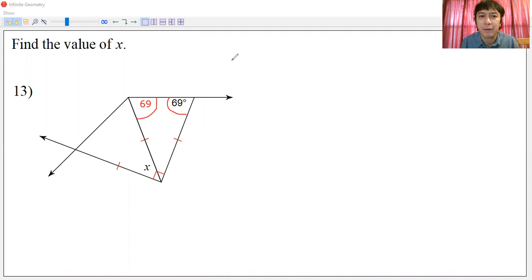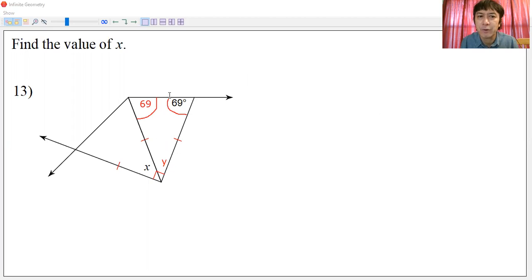Okay, all right. We shall call the third angle over here, let's put a mark here. Say this angle is, let's just put a variable here called y. Say for example this is angle y there.